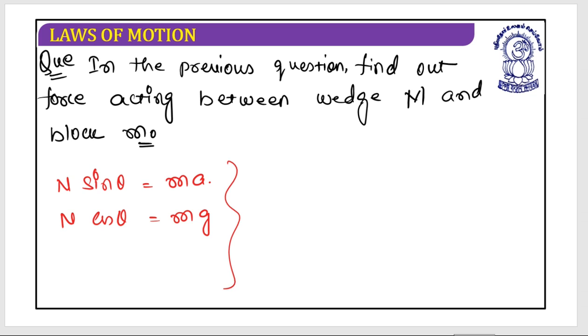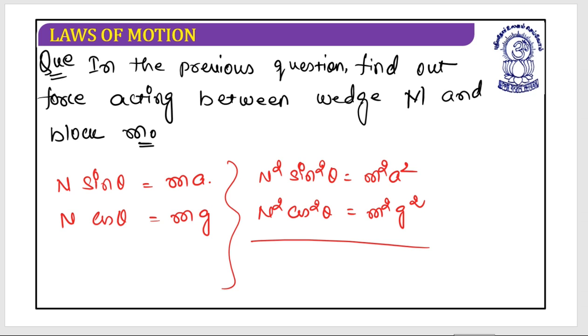If I square this and add, it's n square sin square theta equals m square a square, and n square cos square theta equals m square g square. Adding, n square sin square theta plus n square cos square theta is n square, which equals m square into bracket a square plus g square.